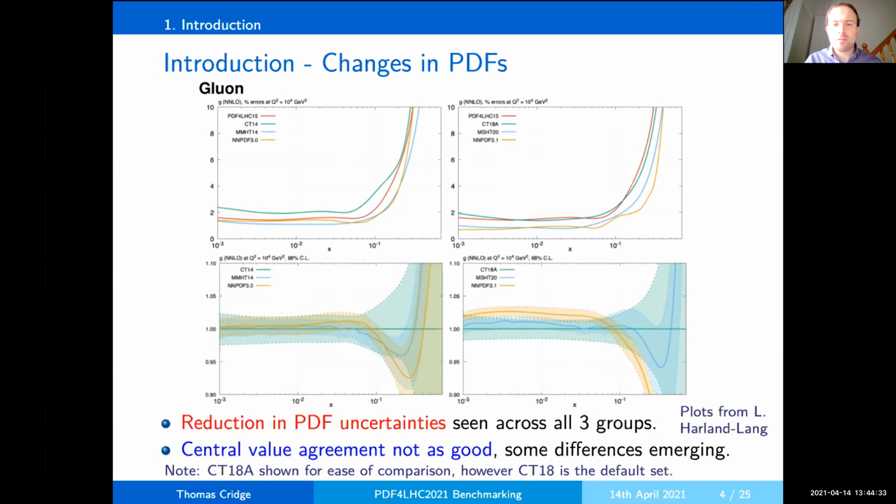You can see that there's been a general reduction in the PDF uncertainties, which obviously is very good and reassuring. It wasn't necessarily guaranteed a priori because of things like dataset tensions and extended parameterizations and the like. On the other hand, if you look at the bottom here in terms of the central values, the agreement is no longer as good. There are some differences starting to emerge between the three groups. And we really want to try and understand these differences through this benchmarking exercise. So if we move to the next slide.